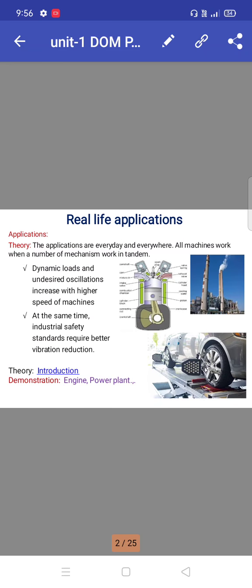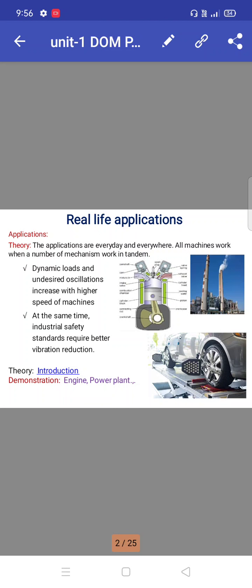So, some real-time applications here. The applications are everyday and everywhere. All machines work when a number of mechanisms work in tandem. Dynamic loads and undesired oscillations increase with higher speed of machines. The industrial safety standards require better vibration reduction.